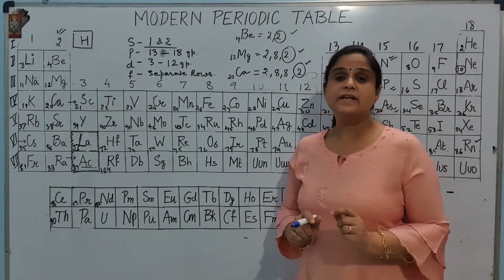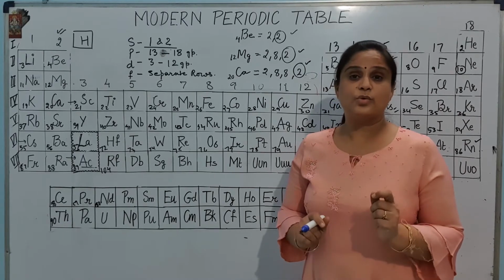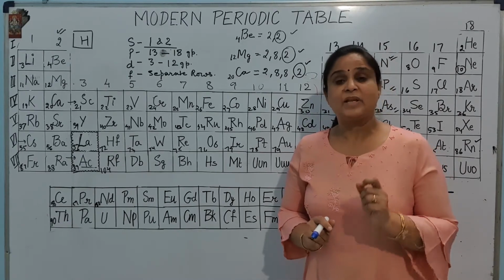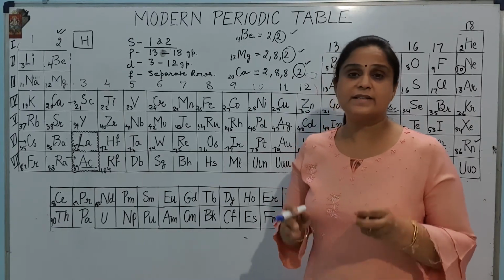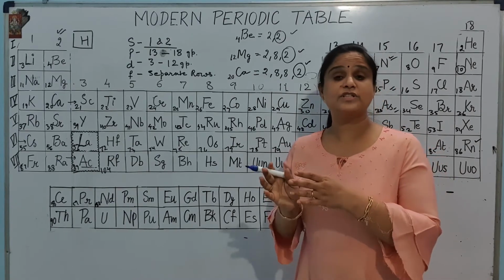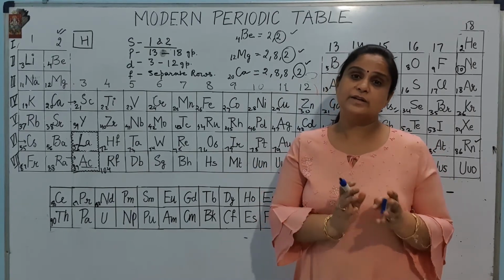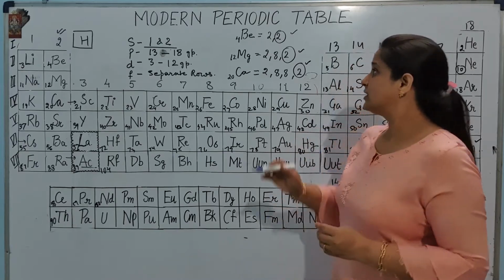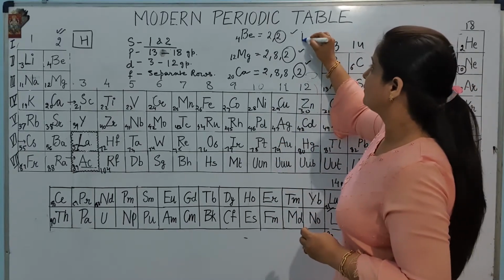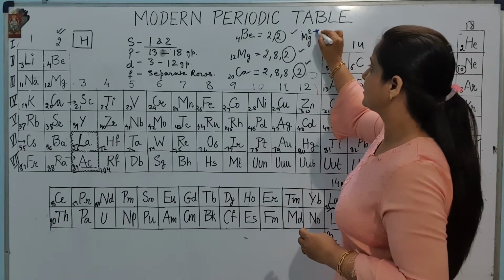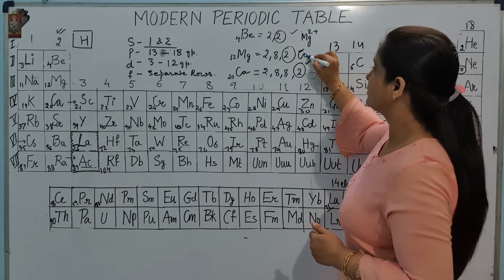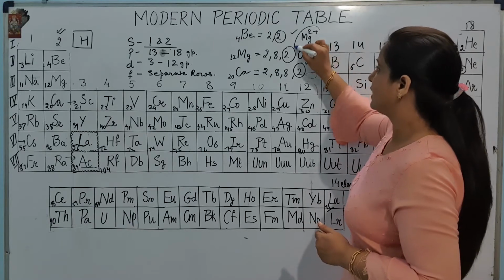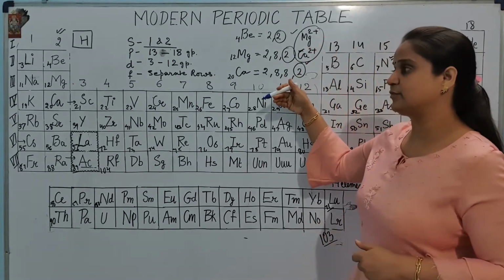So obviously these elements will show +2 valency, because they have to lose 2 electrons to satisfy the octet rule. Is it clear? So they form +2 ions, just like magnesium makes Mg+2 and calcium makes Ca+2, and that is why they show similar properties.